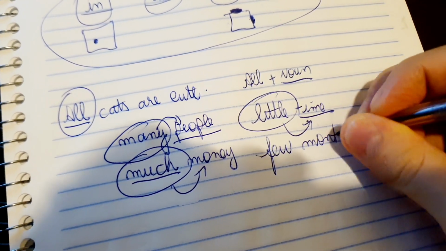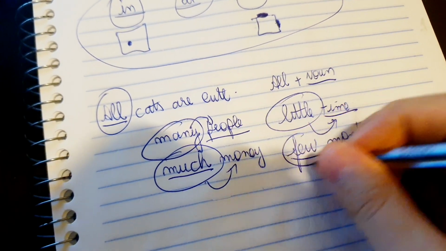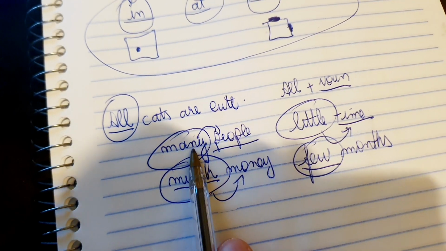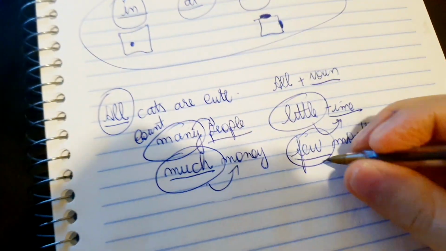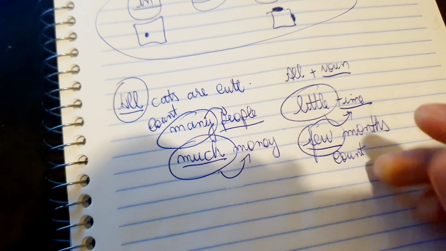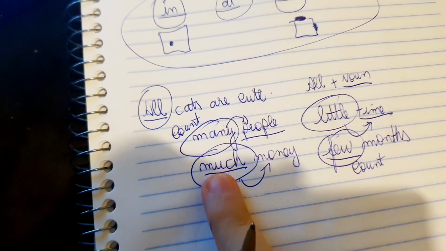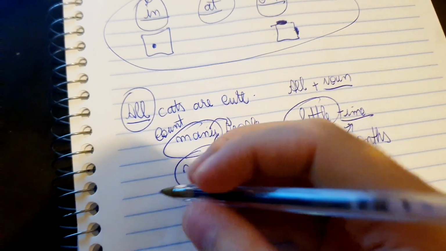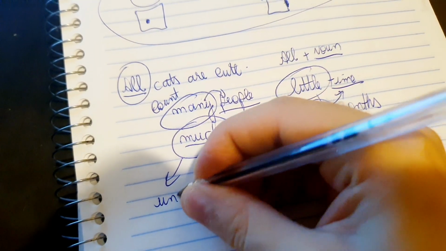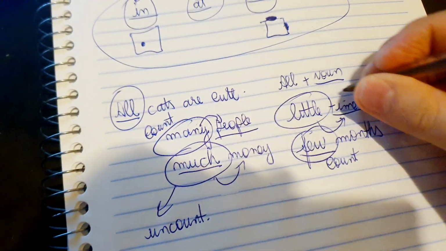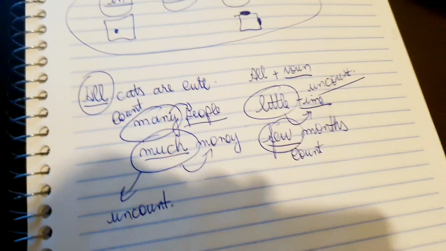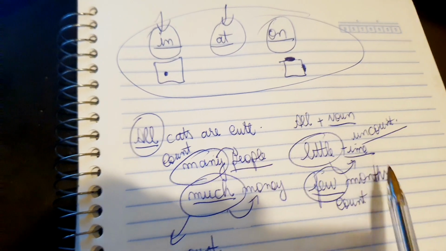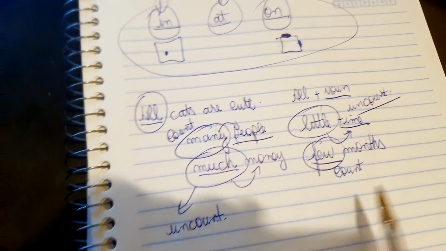Little time, few months. So you see, many and few are used for countable nouns. Much and little, on the other hand, are used for uncountable. I have already explained this in the previous lessons, but why am I saying this right now?